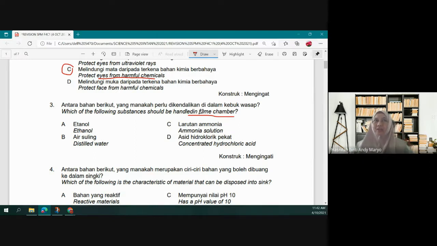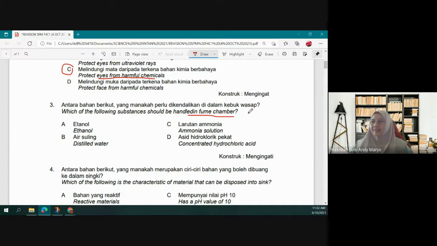Okay, so we cannot do it in open spaces on the table, but we must do it at the back inside the fume chamber. So which one do you think of these substances releases these toxic or harmful gases such as ammonia, chlorine, and bromine gases?